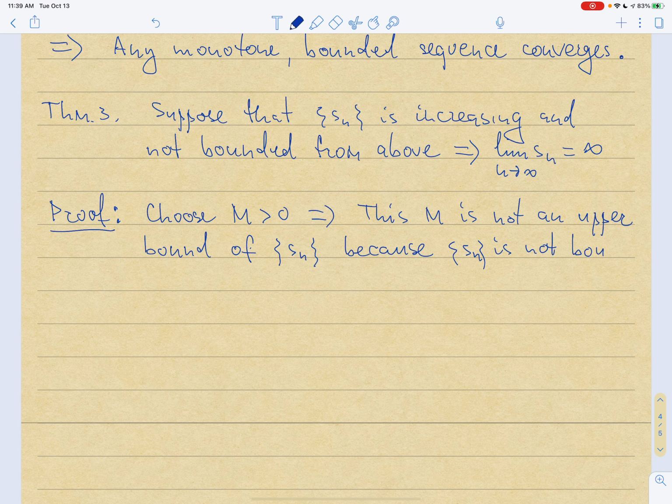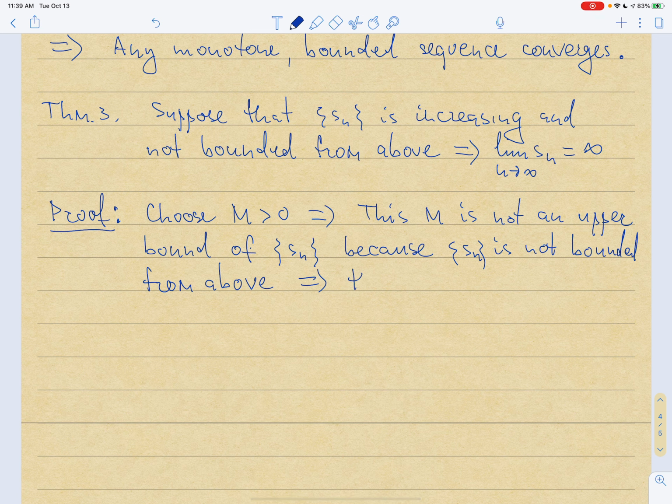And if something is not an upper bound, then of course, what does it mean? If a number is not an upper bound, that means that we should be able to find an element of my sequence or of my set which is going to exceed this bound.